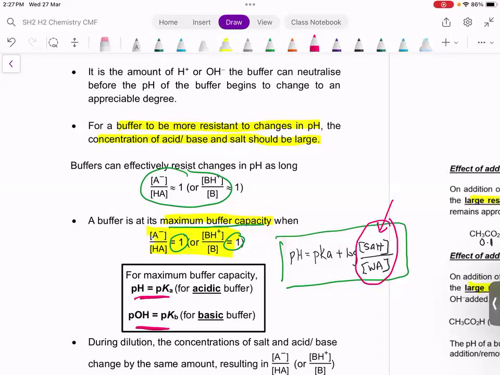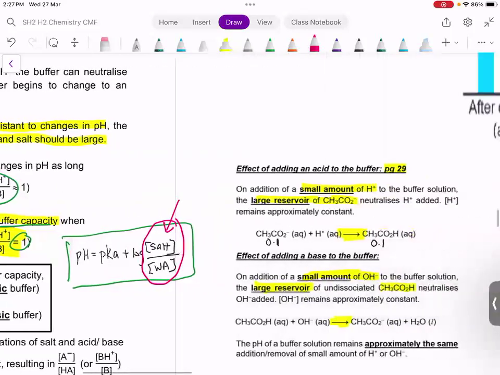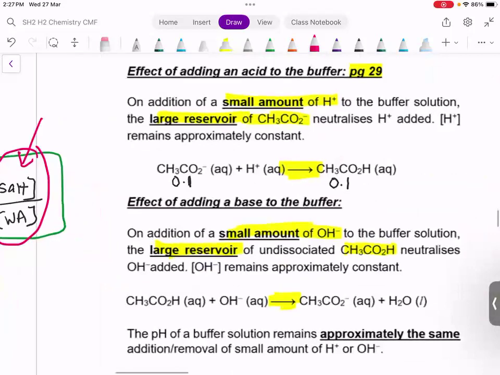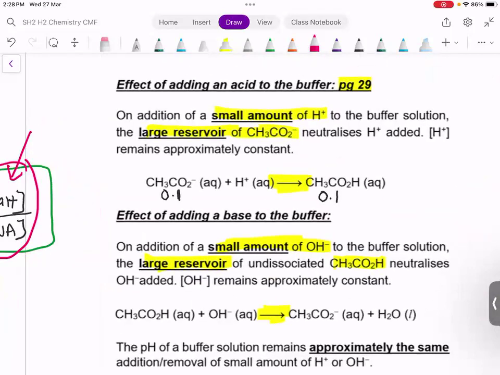Any question at this point of time? Right, so very quickly, I would like you to consider this scenario. So what do I mean by small amount? Let's say in my buffer system, I have concentration of the salt, 0.1 mole per dm cube. Then concentration of the weak acid, also 0.1 mole per dm cube. And this is the equation we write to show the complete removal of the small amount of H plus added.